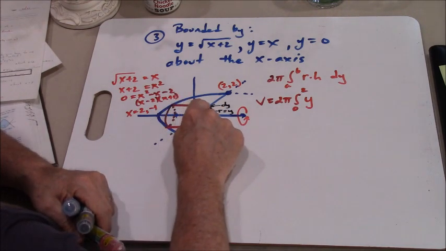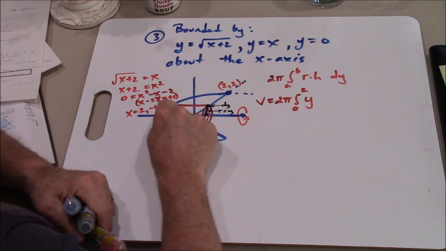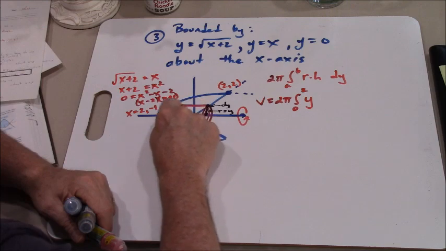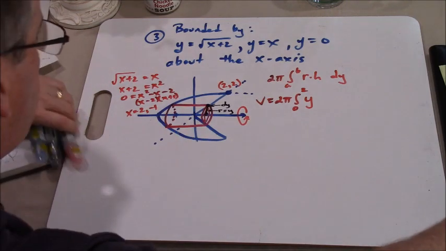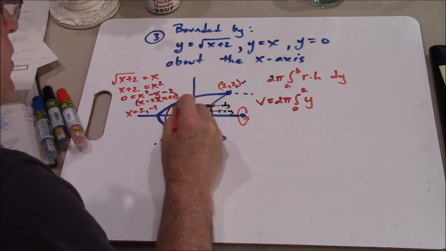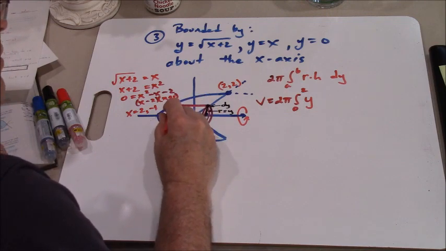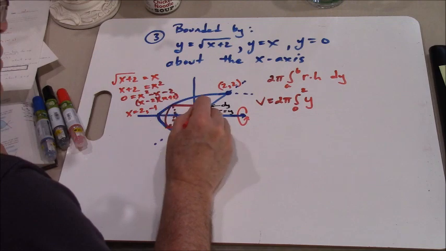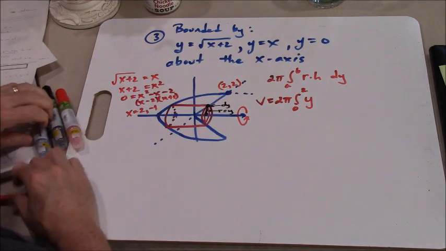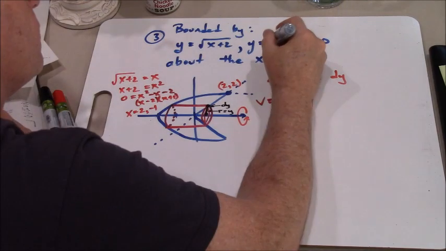And the height runs parallel to the x-axis. So I have to think to myself, I want the larger x-coordinate minus the smaller one. So this x-coordinate goes to the line. Let's just call that x sub 1.